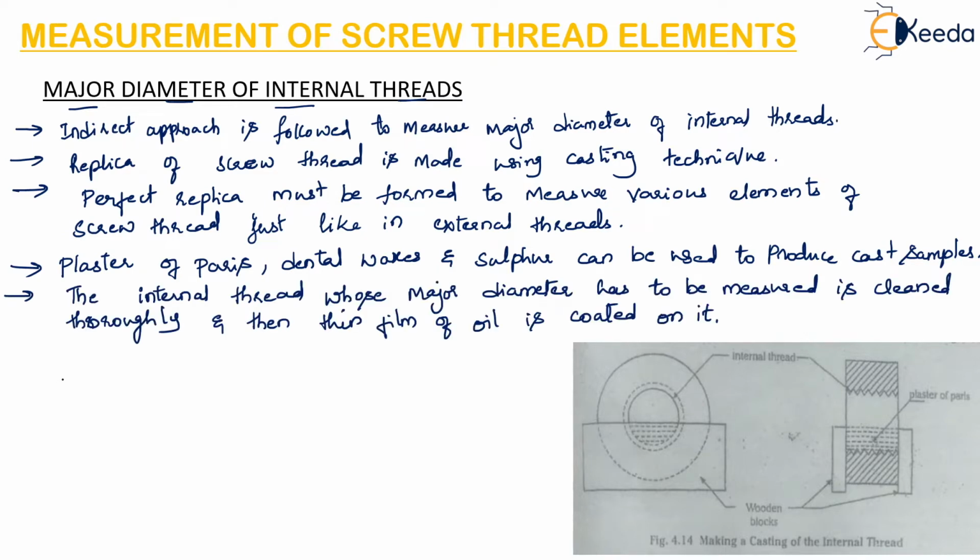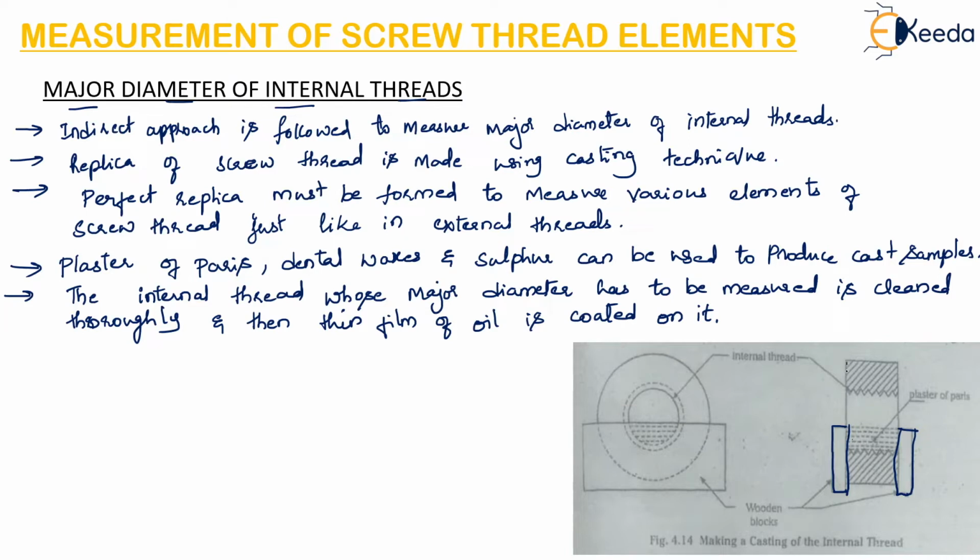Then two wooden blocks are placed on either side of the thread such that their upper part lies above halfway up the thread. Here you can see there are two wooden blocks placed on both sides of the thread such that they are halfway.